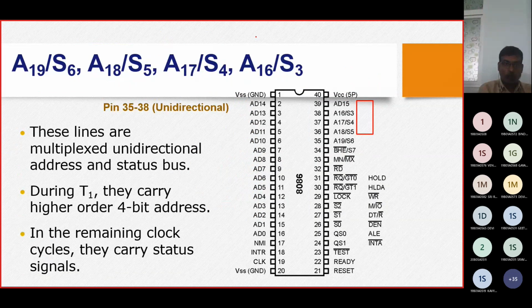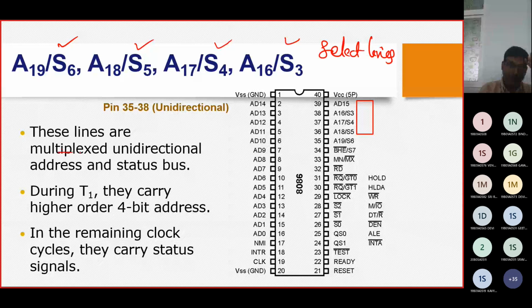S6, S5, S4, S3, these items we call select lines, and these select lines are again multiplexed. They are going to give the status.